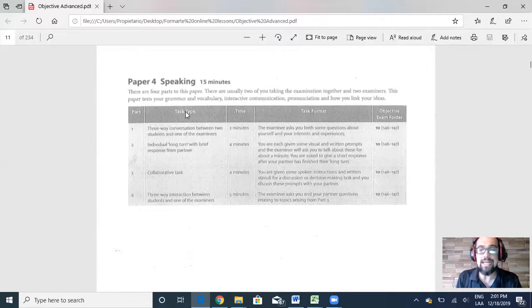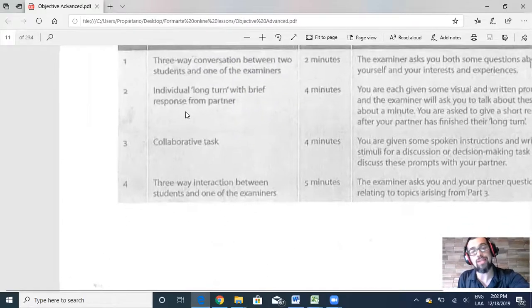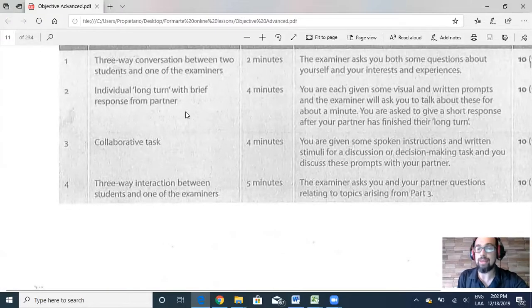But in this Cambridge test, you're going to have someone interviewing you in front of you, and there's going to be someone else in the back just checking how your pronunciation and your answers are. And for example, in part three, as we can see here, what they're going to evaluate is the way that you interact with your partner.